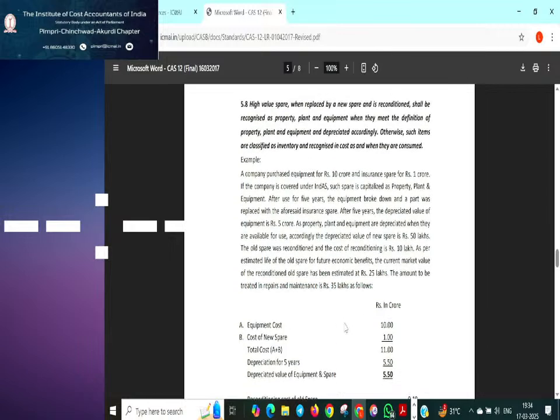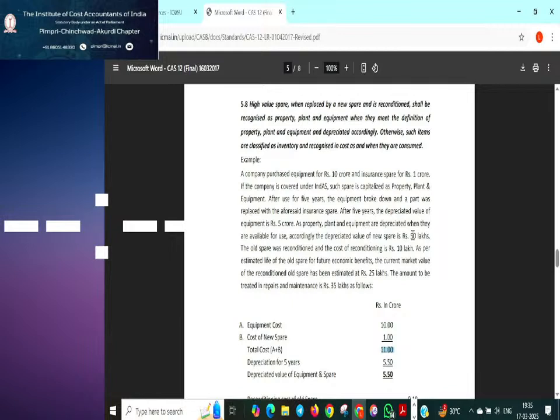How do you do that? See, there was already an equipment purchased for 10 crores. But to put this equipment into production, you need a spare for 1 crore. You know very well that this needs to be capitalized as per Indian accounting standard. Once it is capitalized as an asset, it is subject to depreciation.